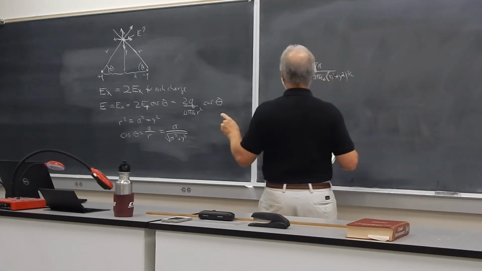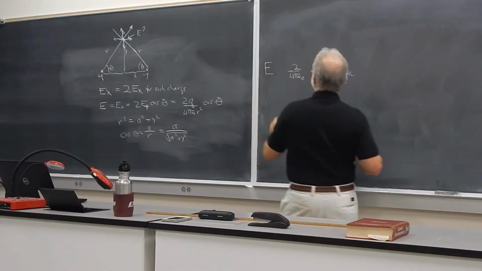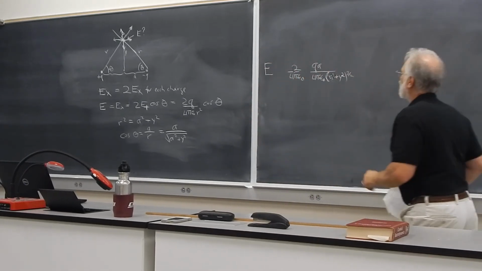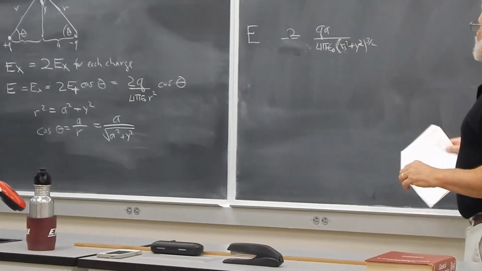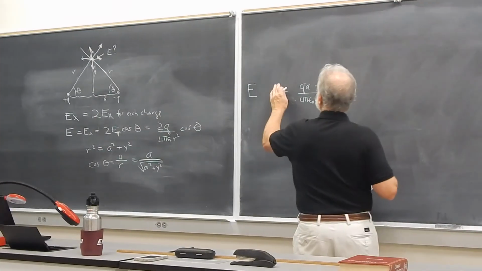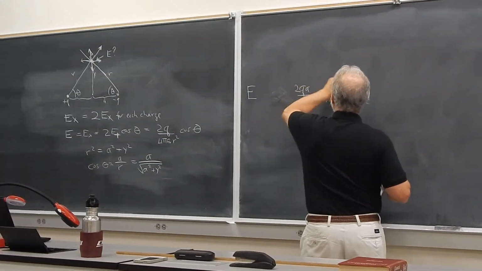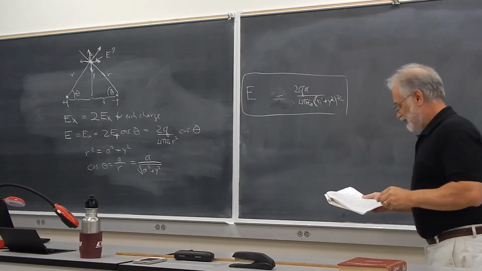Since I have 2 of them, of course, the total field then is going to be 2QA over 4 pi epsilon naught times A squared plus Y squared to the 3 halves. So this term, this 2QA term, is very consistent with that of a dipole.